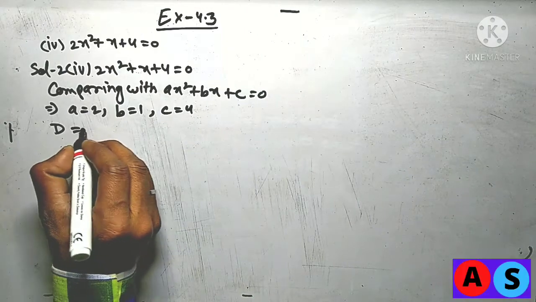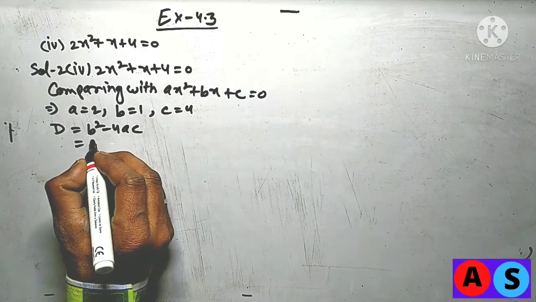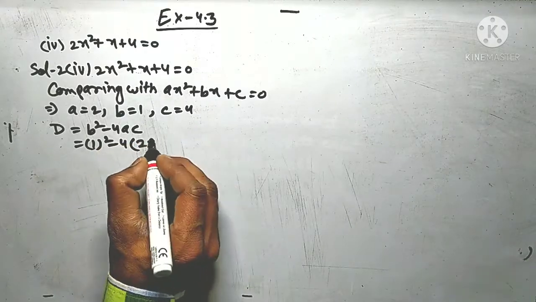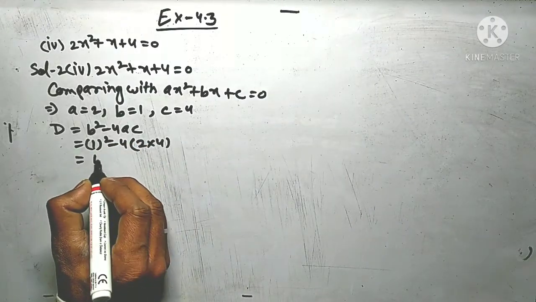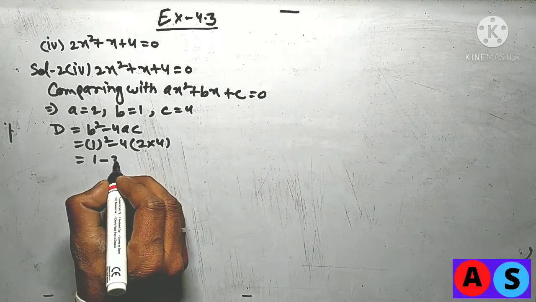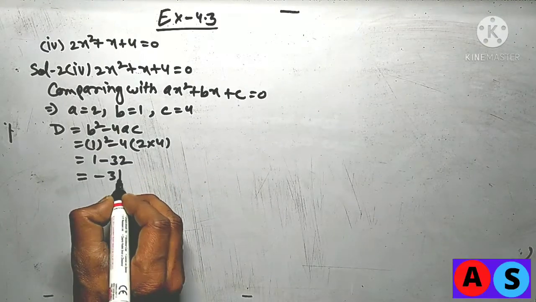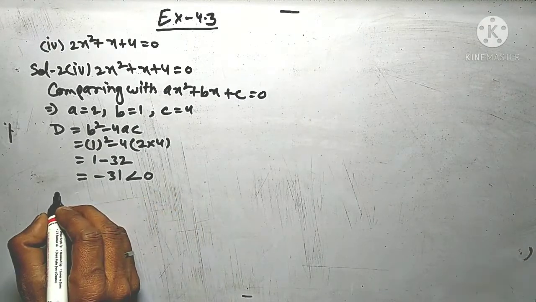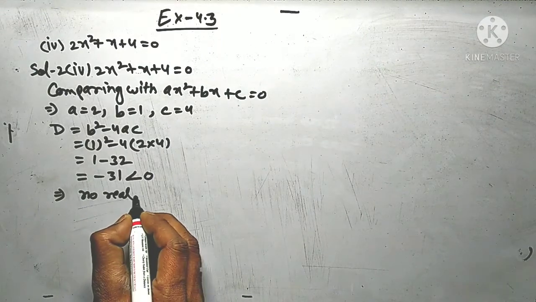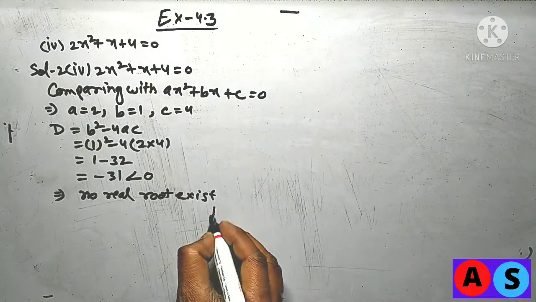We find discriminant D is equal to b square minus 4ac is equal to value of b 1 whole square minus 4 bracket value of a 2 into value of c 4 is equal to 1 minus 4 8s are 32 is equal to minus 31, which is less than 0, implies that no real root exists. Answer.